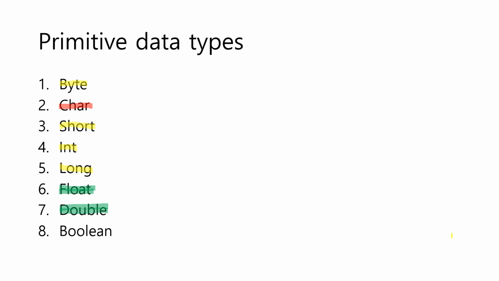Double is larger than float, so when you're concerned with running out of storage space, you can use the double. Boolean is a unique data type, and it's for storing true or false values. And it contains one or the other of these values and nothing else.